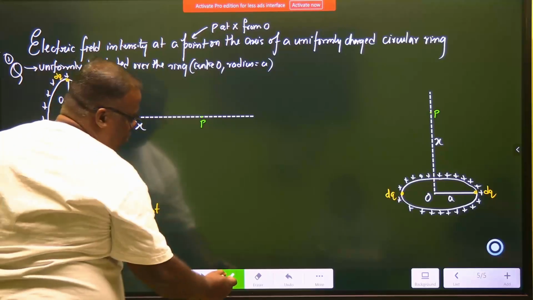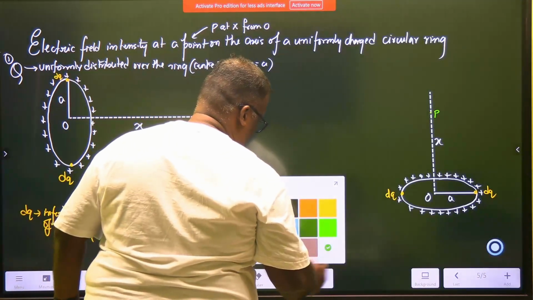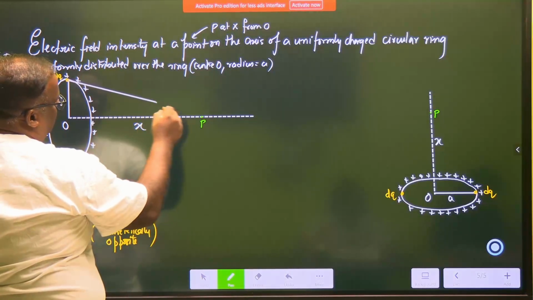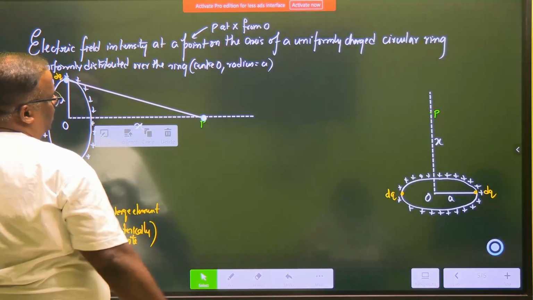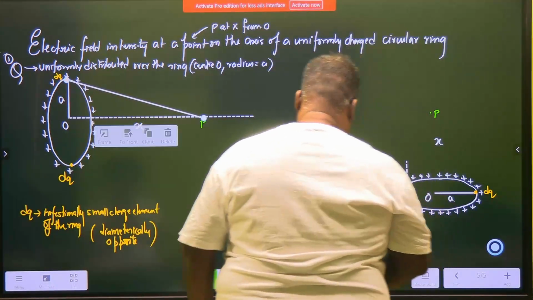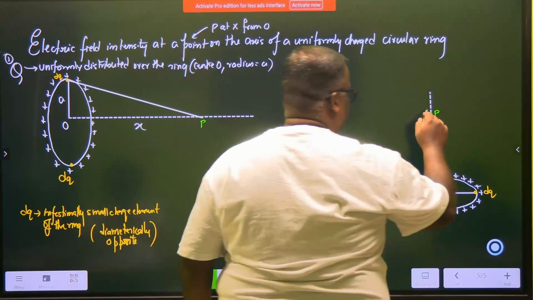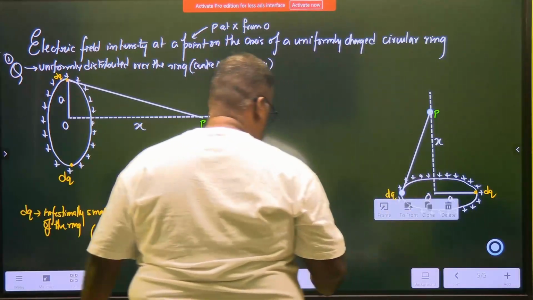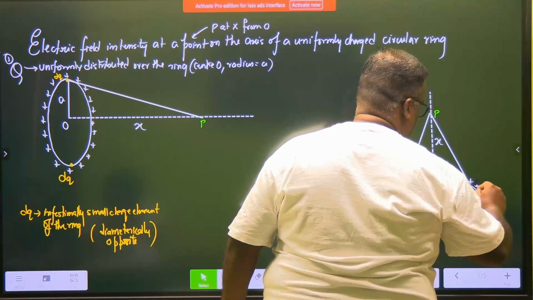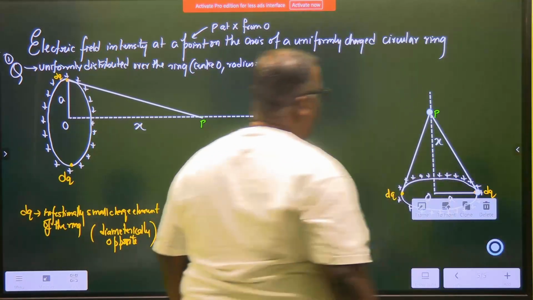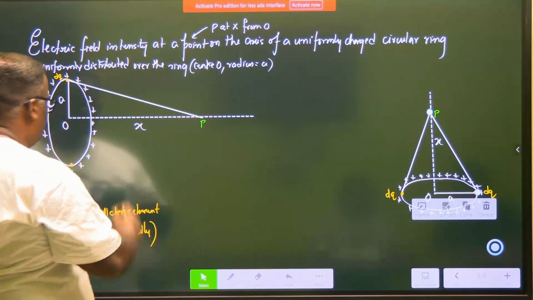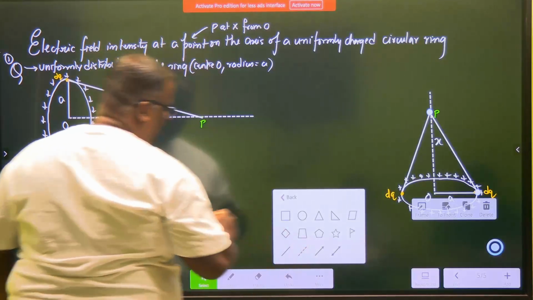So we now need to plot the distance from dq to P. So dq to P is something like this. And if I want to plot it on this diagram, yes, it is this. Similarly, from the other one also you will have one, this. Here I am not drawing from the other one. Okay, if you want, we can draw. Not an issue. Let's draw.